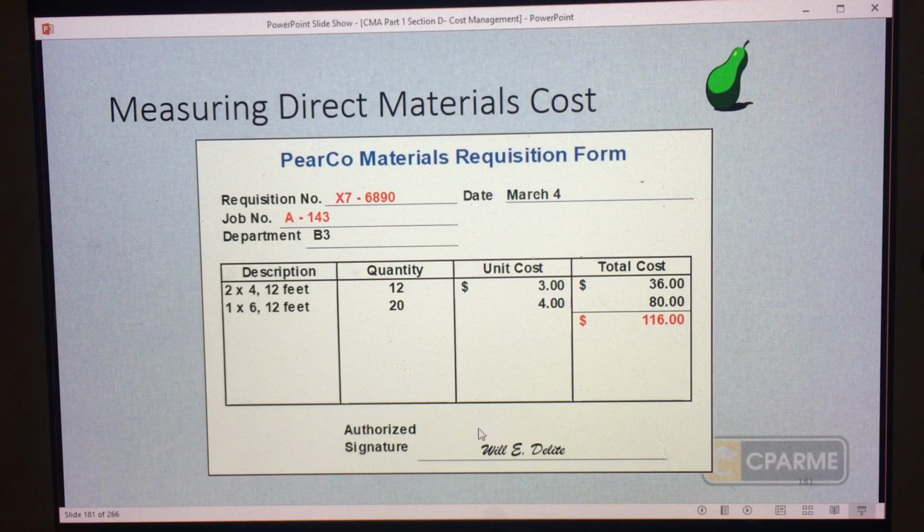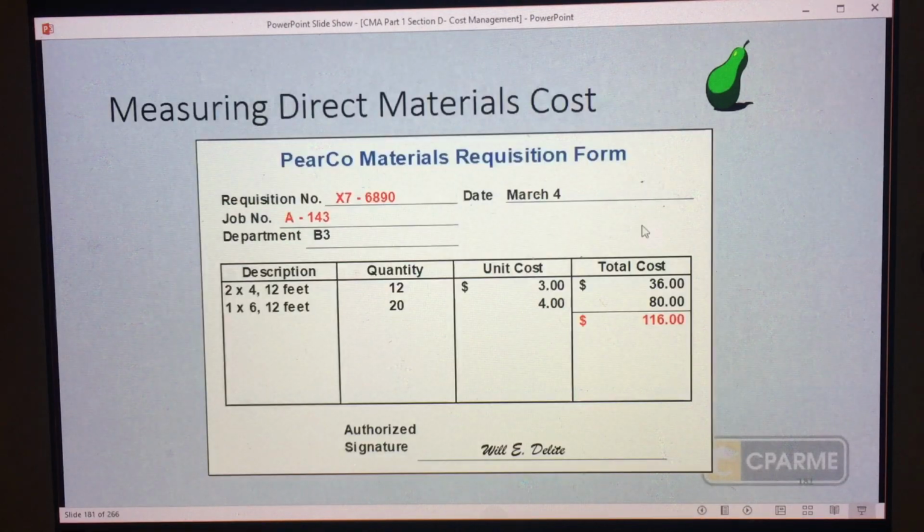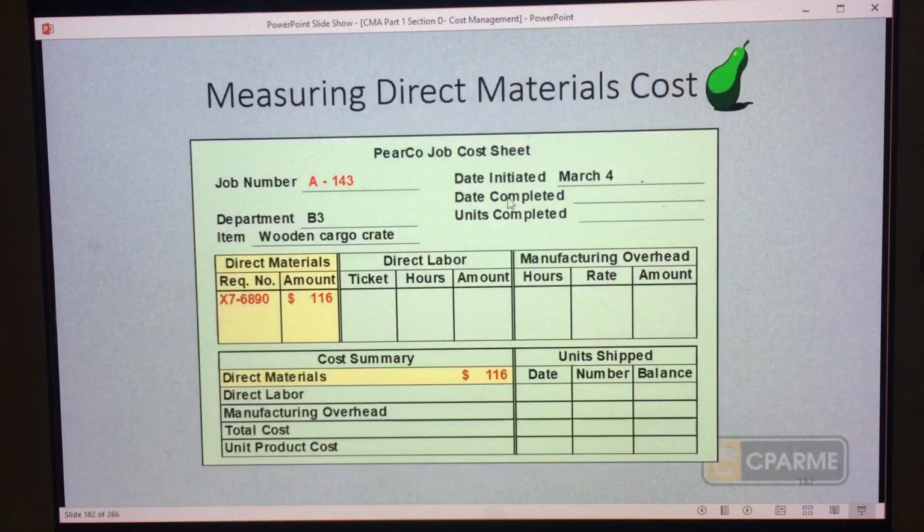So it would include which materials you are requiring for that job. In this example, the $116 will be posted to our job cost sheet. It is simply a matter of recording the items.